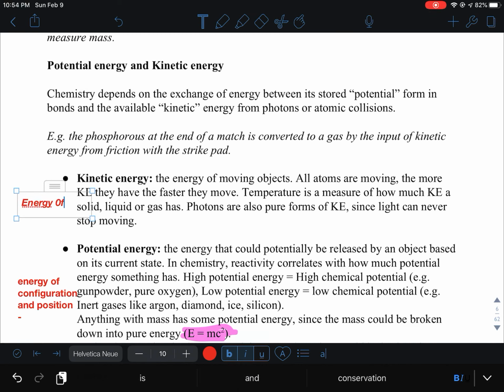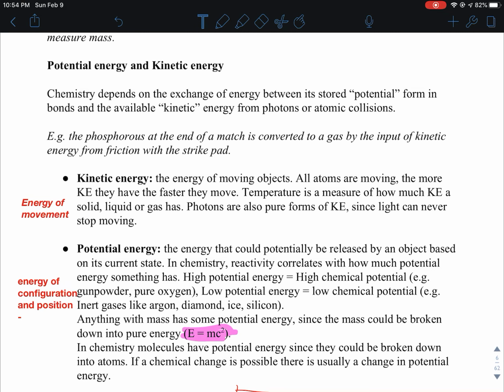Energy of movement. So what's interesting is that something like a photon cannot stop moving, so that means that it cannot have potential energy. It can only have energy of movement.